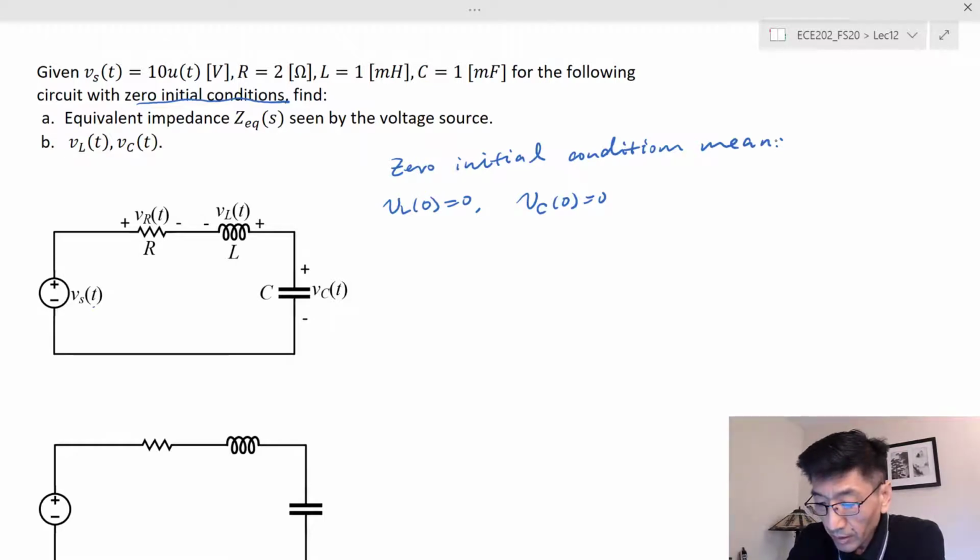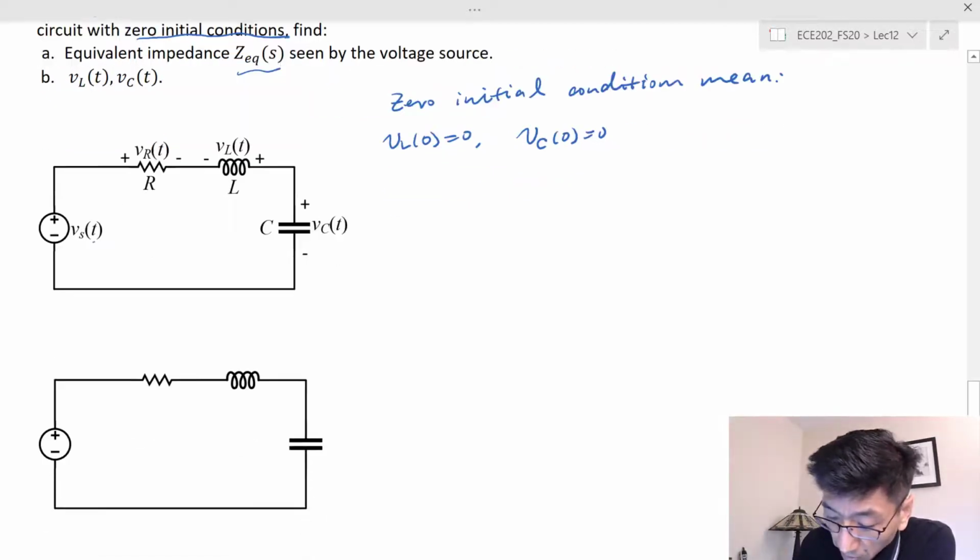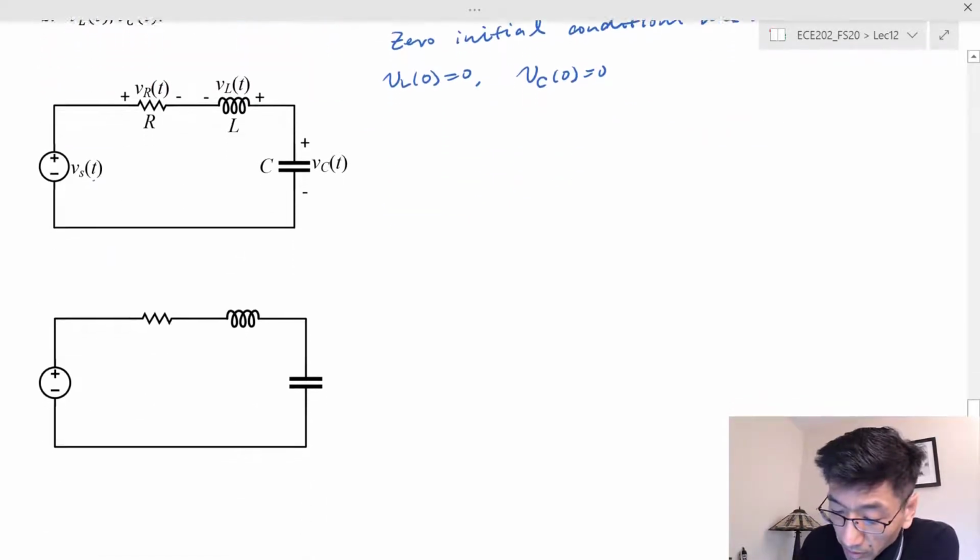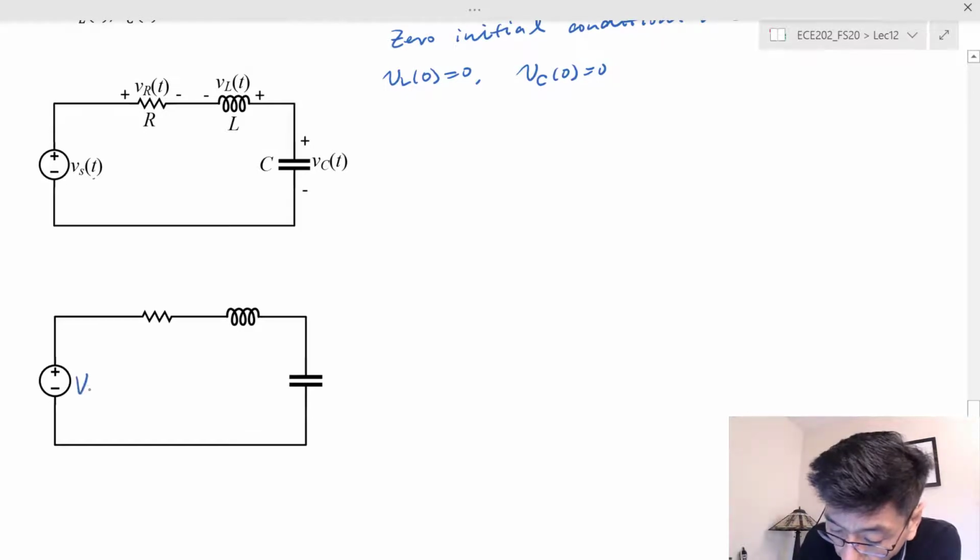Now we're trying to find the equivalent impedance seen by the voltage source, in the S domain of course. So we transform this circuit into the S domain. The voltage source becomes a function of S, the Laplace transform of V sub s(t).